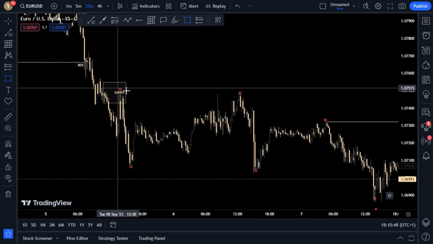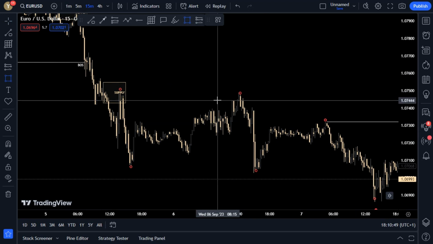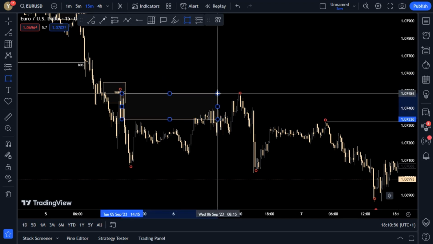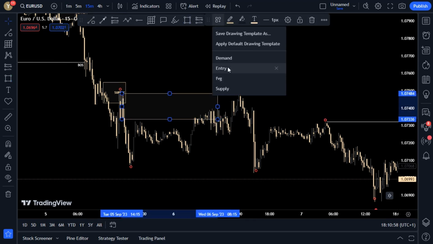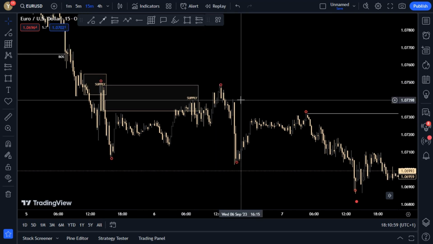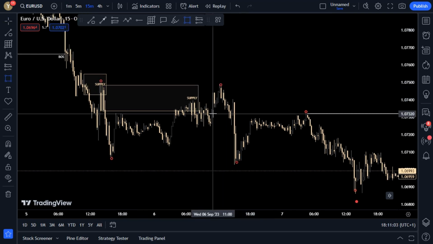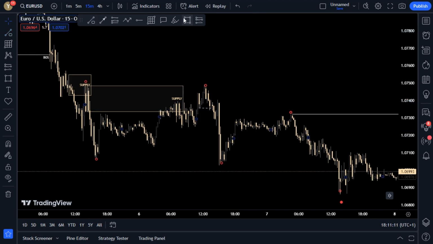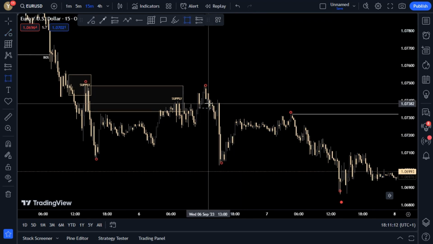So price got to this level and portrayed this weakness for obvious reasons. This is a supply level that price reacted off, but we're not really interested in buying. All we want to see is the shift in momentum, and we want to be working with the sellers. So this was the change of character, and this was responsible for the break.